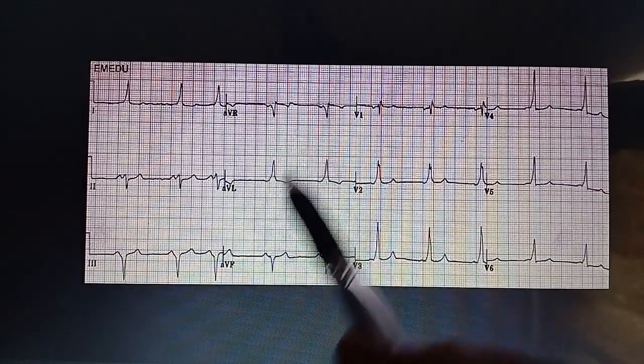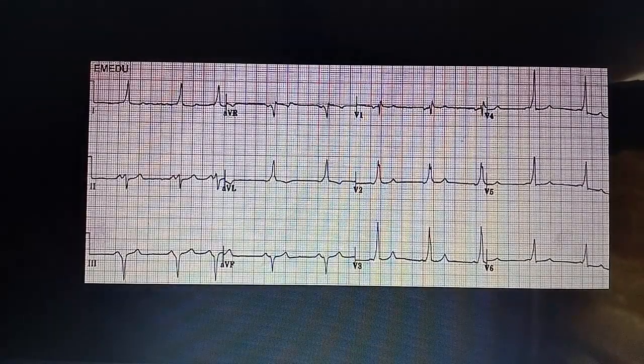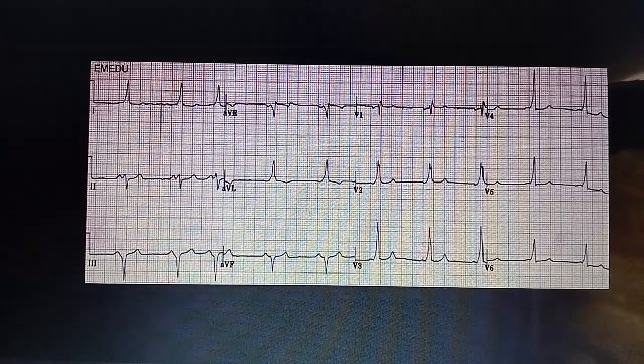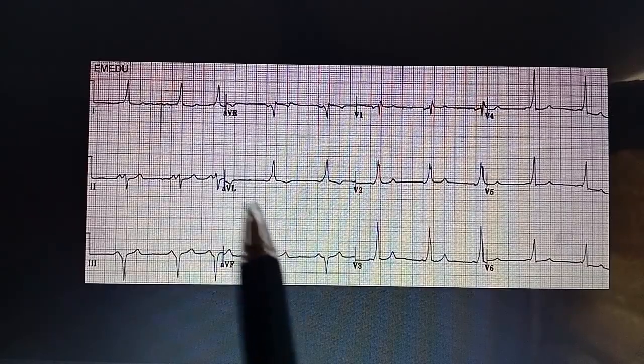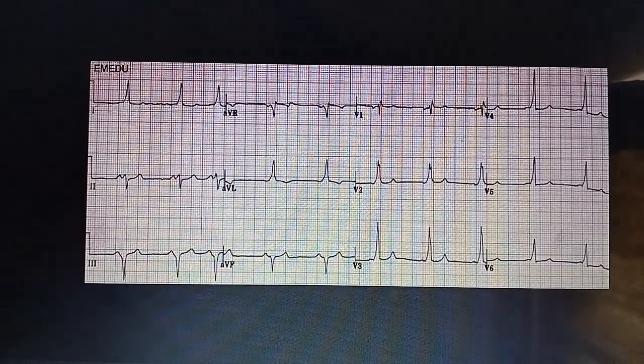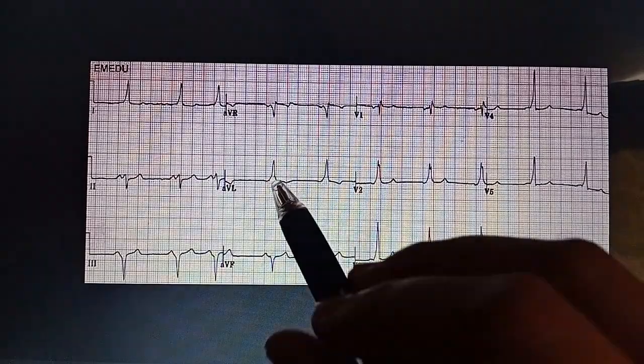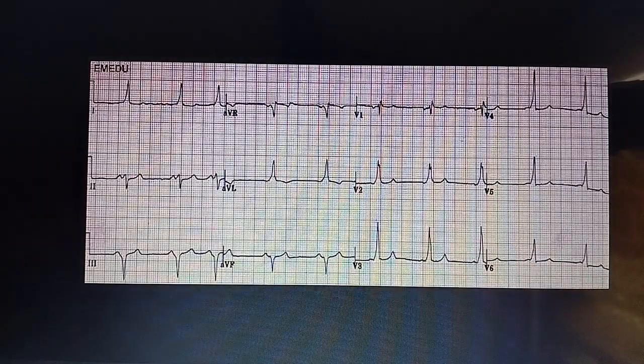As you can see, this is the delta wave, and there is the PR interval. There is shortening of the PR interval and appearance of slurred QRS upstrokes. That is the delta wave. So this is the characteristic of Wolff-Parkinson-White syndrome. These upstrokes of the QRS complex are significant for this syndrome.